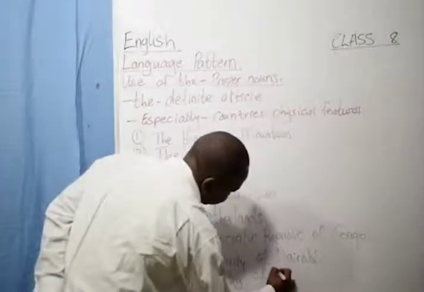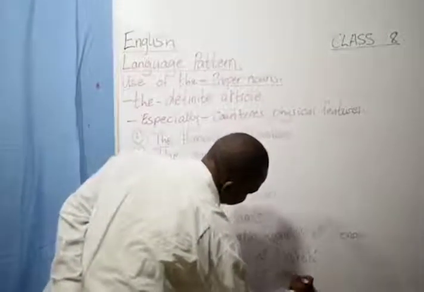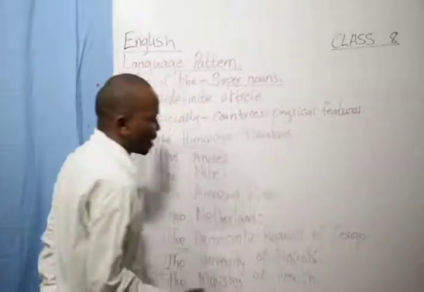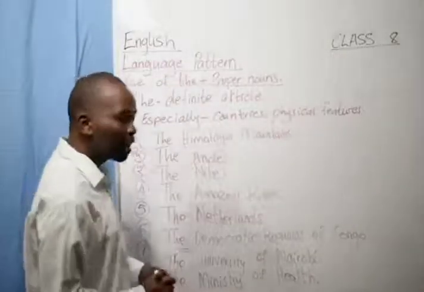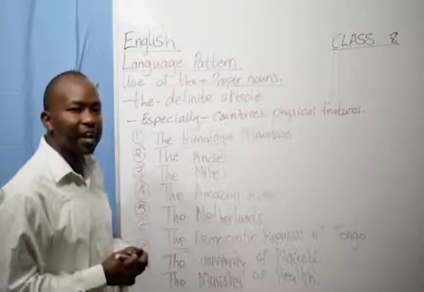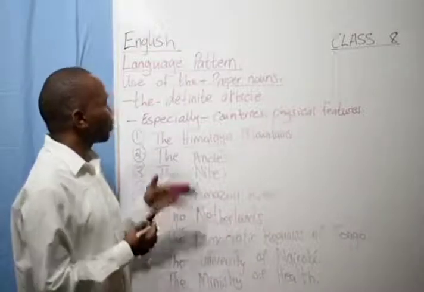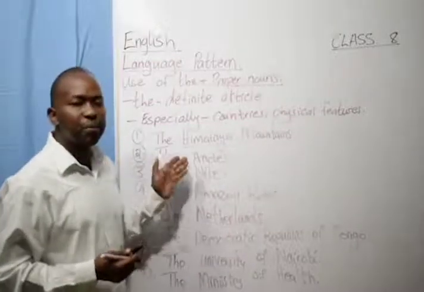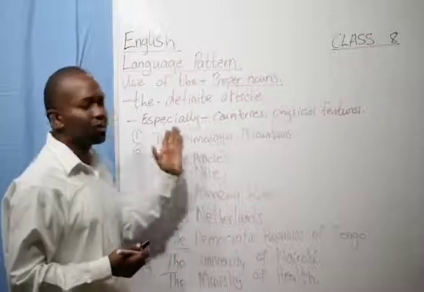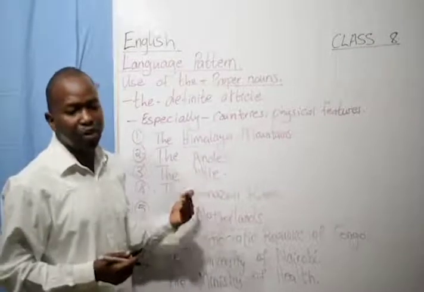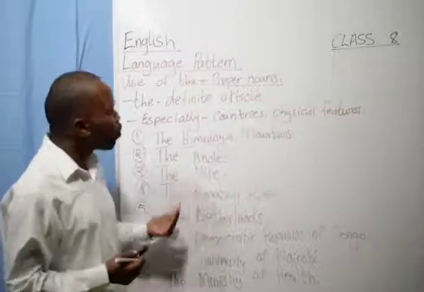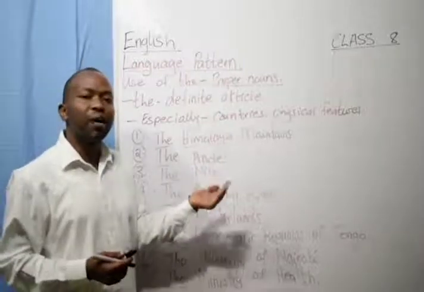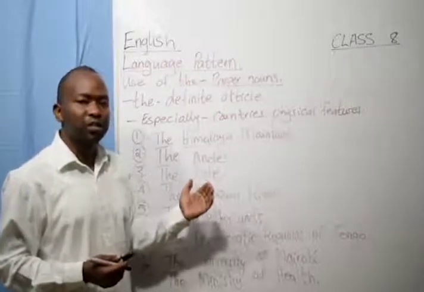The Ministry of Health, the Ministry of Education, the Ministry of Finance. So the article "the" is used with certain proper nouns to refer to them specifically, and it's always important that you know which particular proper noun will be used.